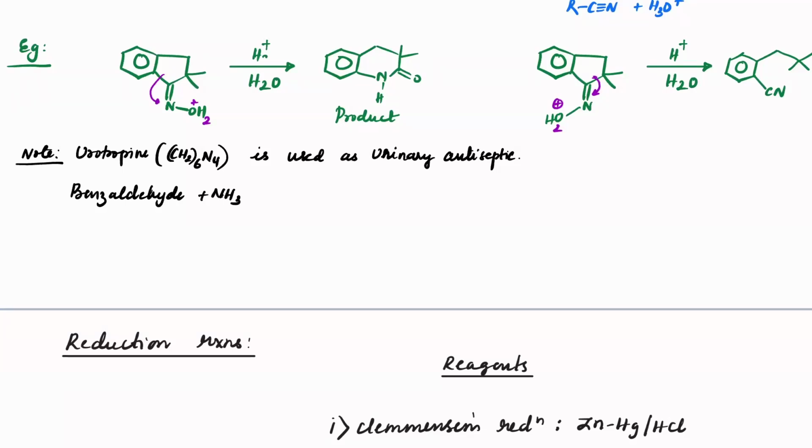If you have something like benzaldehyde here reacting with ammonia, what do we get? As you react with ammonia, we expect this to form something like PhCH double bond NH, correct? But this will not be stable because imines are generally unstable. So it would keep on reacting till it becomes the most stable form.